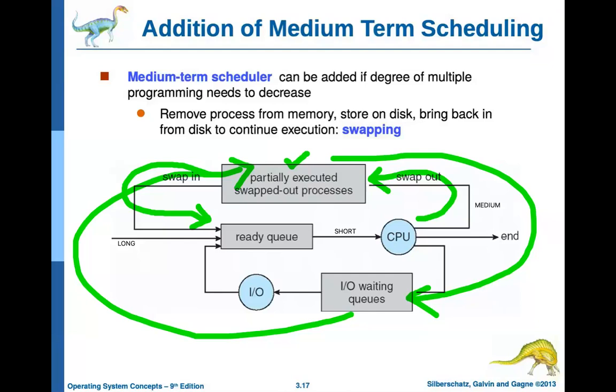To decrease the degree of multiprogramming. Why decrease the degree of multiprogramming? Maybe we are not getting proper throughput, if there is no proper mix of processes. So it is not a mandatory scheduler. It can be added.